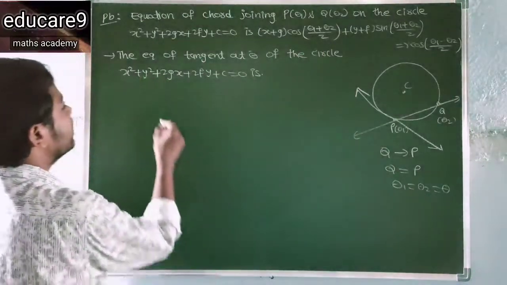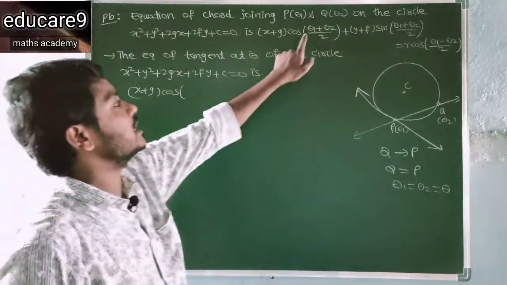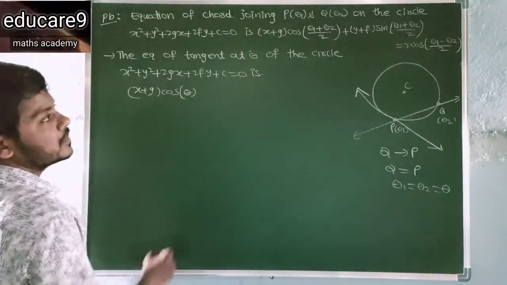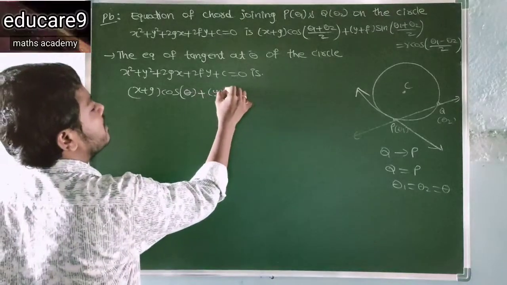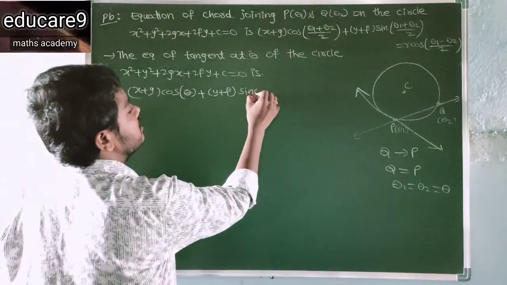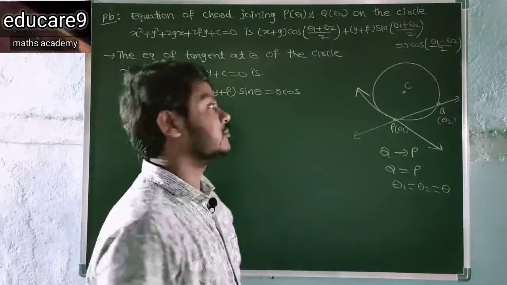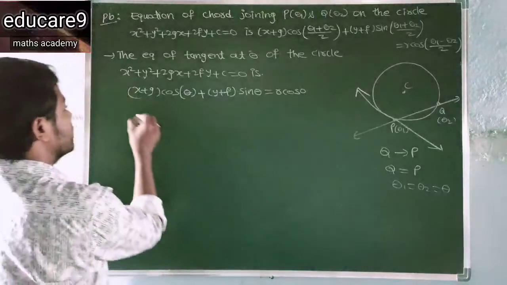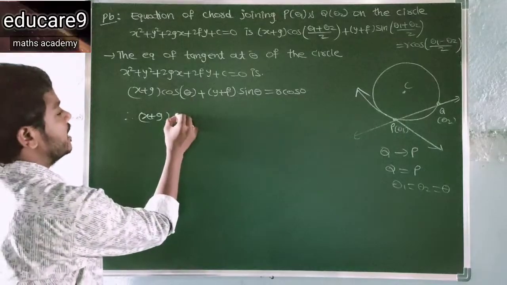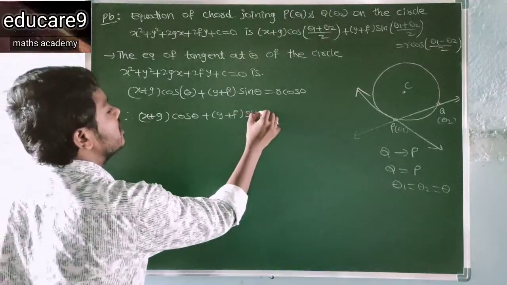Here what you get? x plus g of cos of (theta plus theta) by 2, that is theta, plus y plus f of sin of (theta plus theta) by 2, again sin theta, and r times cos of (theta 1 minus theta), that is r times cos 0, which is r. So therefore the equation of the tangent at theta of the circle is x plus g cos theta plus y plus f sin theta equals r.